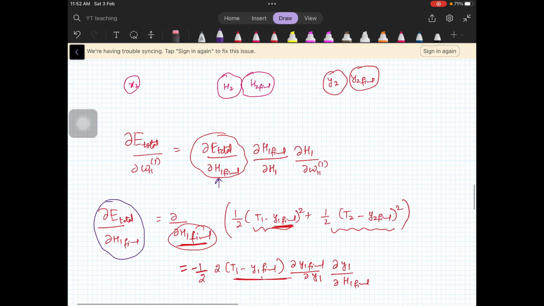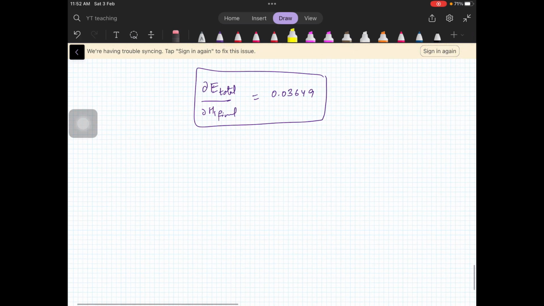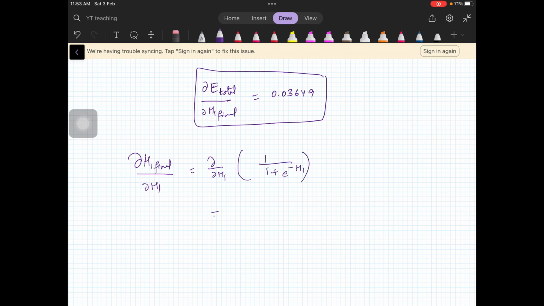Okay, now let us go to the second term. The second term is here, the derivative of H1 final with respect to H1. This is easy. So the derivative of H1 final with respect to H1 would be the derivative of 1 over 1 plus e raised to power minus H1. So that would be e raised to power minus H1 over (1 plus e raised to power minus H1) square.